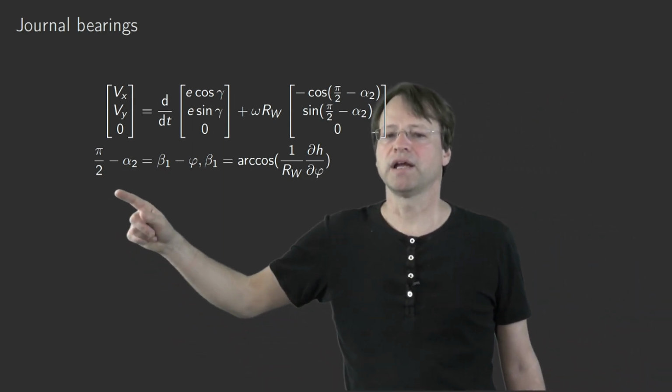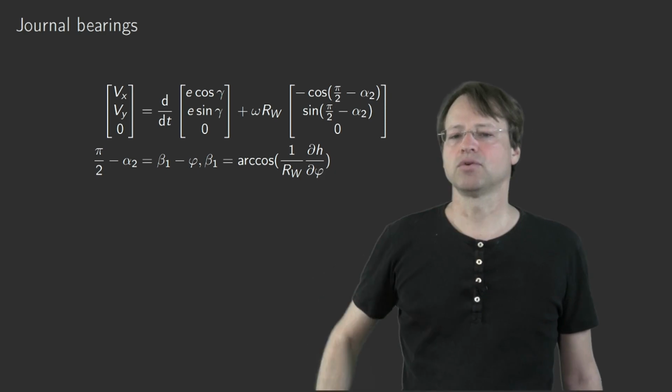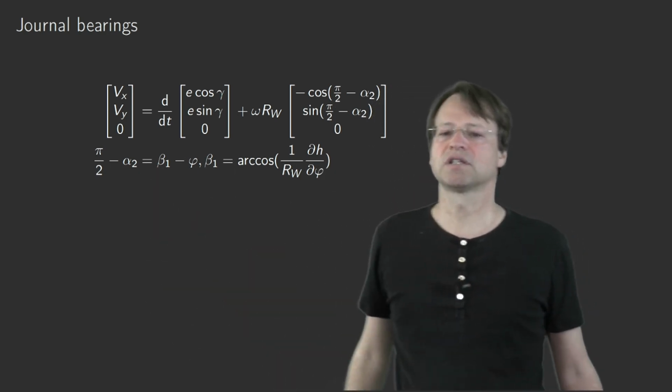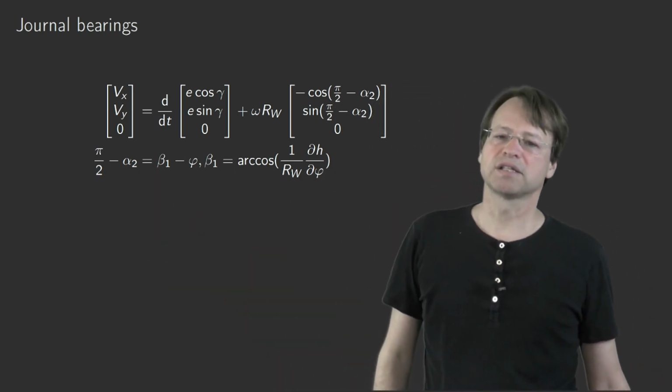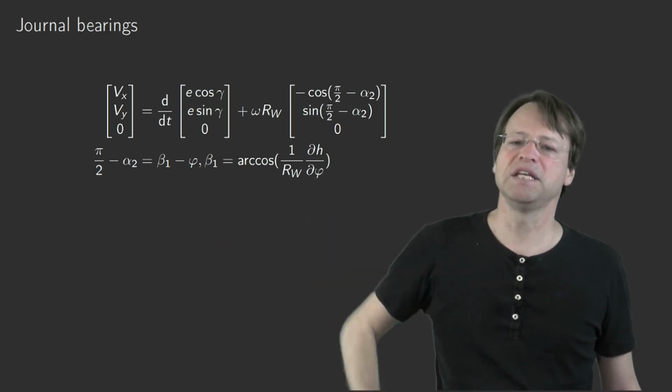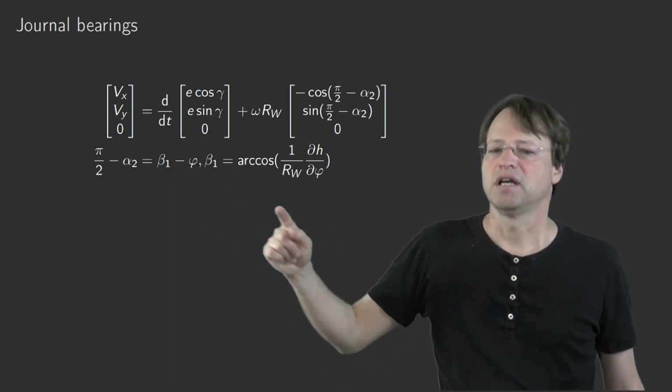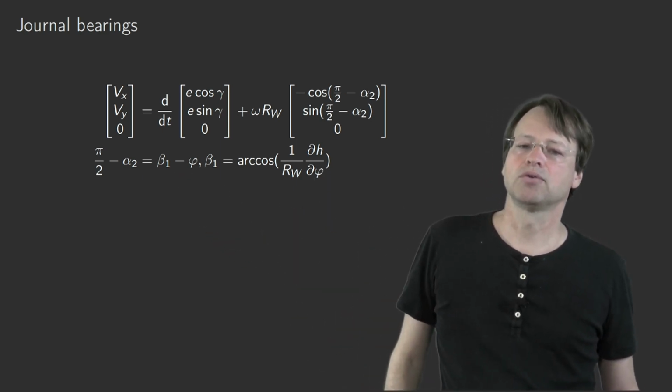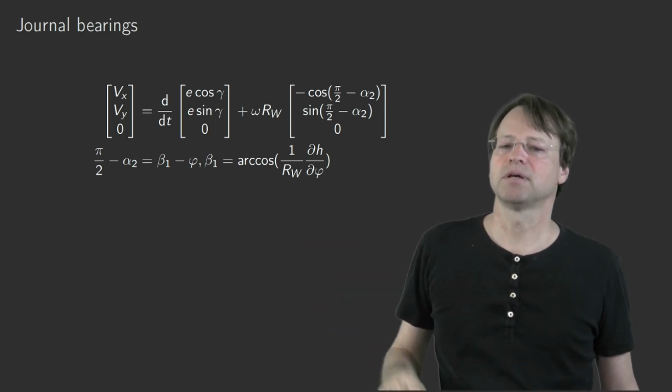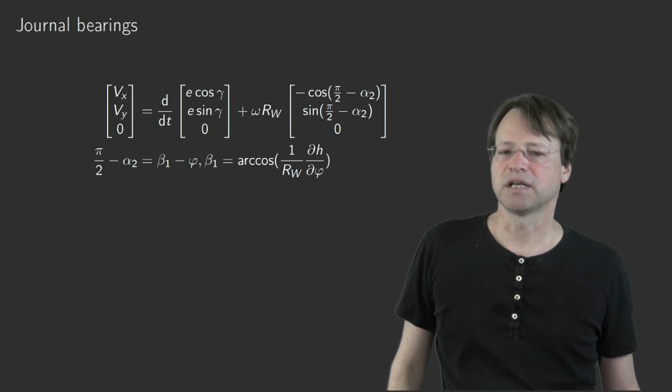And for that argument of the sine and cosine function we found on the last slide, pi divided by 2 minus alpha 2 is equal to that angle beta 1 minus phi, and beta 1 is the R cosine of 1 divided by R sub W and the derivative of the lubrication gap with respect to phi.